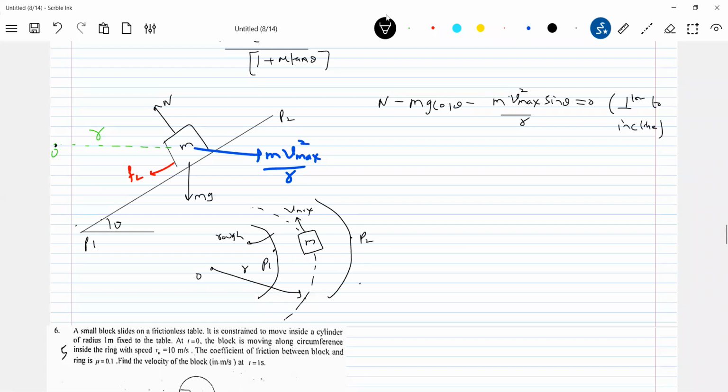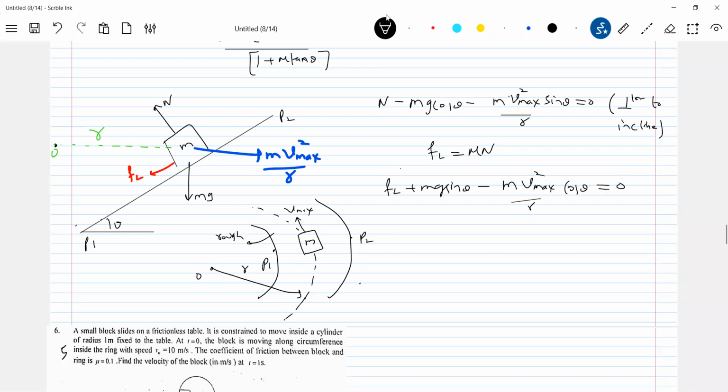Parallel to incline, mg sin theta, and Fl is equal to mu N. Then parallel to incline, Fl plus mg sin theta minus m V max square by R cos theta equal to 0.